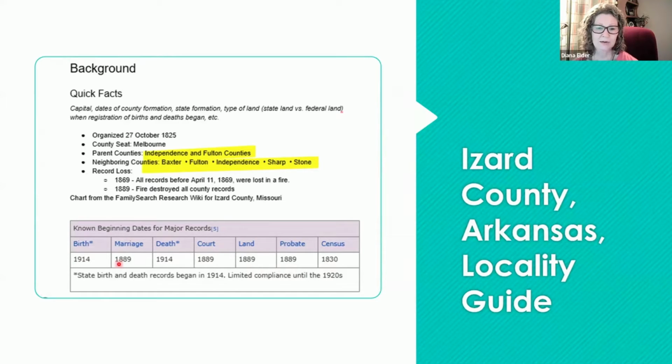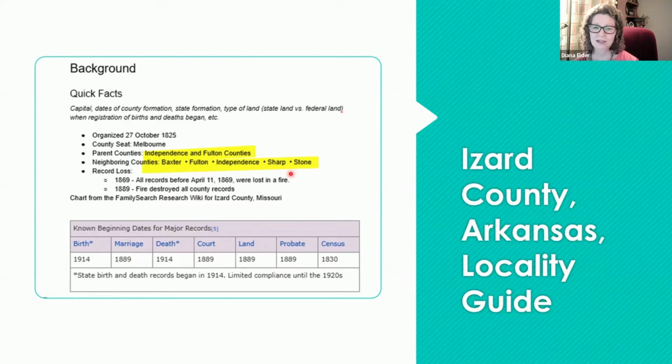So when I am doing a research project, would it be helpful to know about the neighboring counties that are listed here and the parent counties? Well, yes, of course it would be very helpful, but there are a lot of different counties there. And so that can be time consuming to go get all of that information.